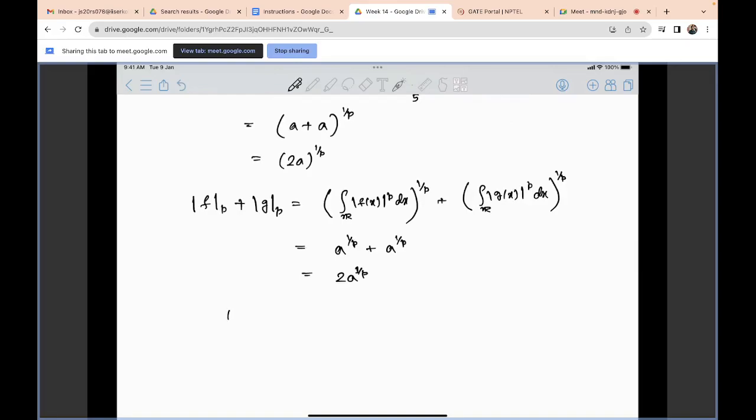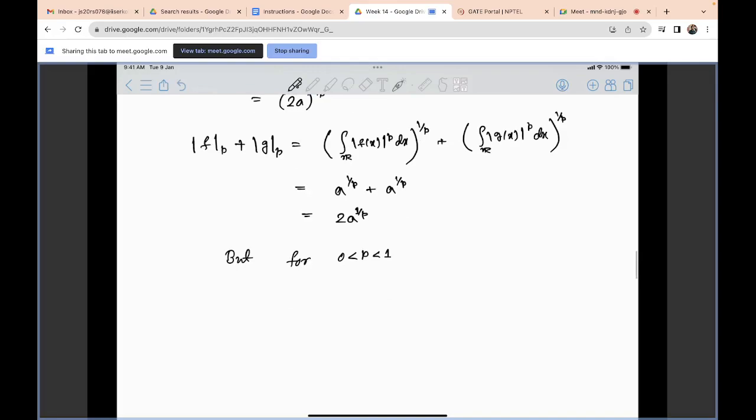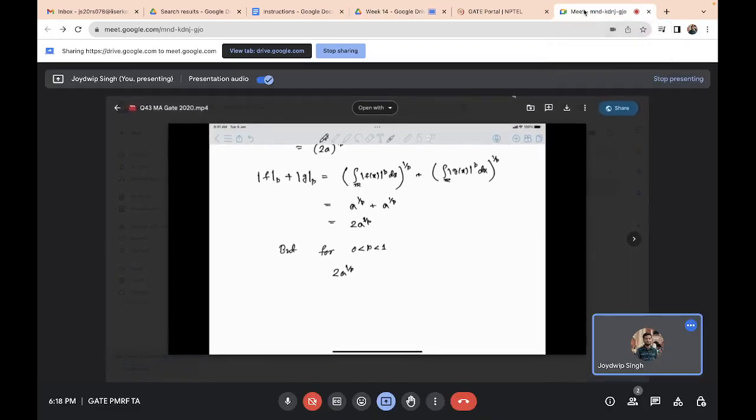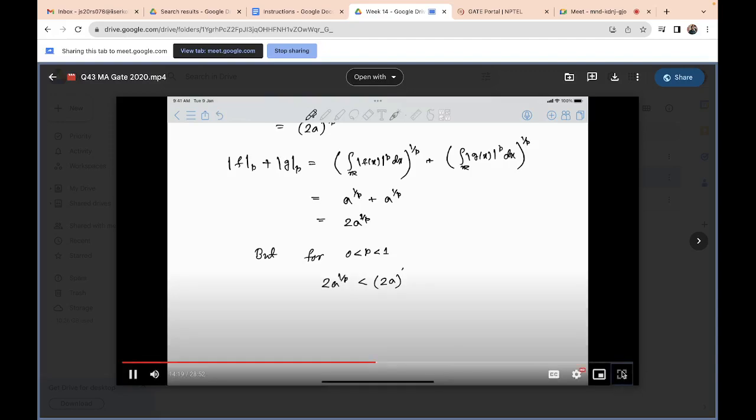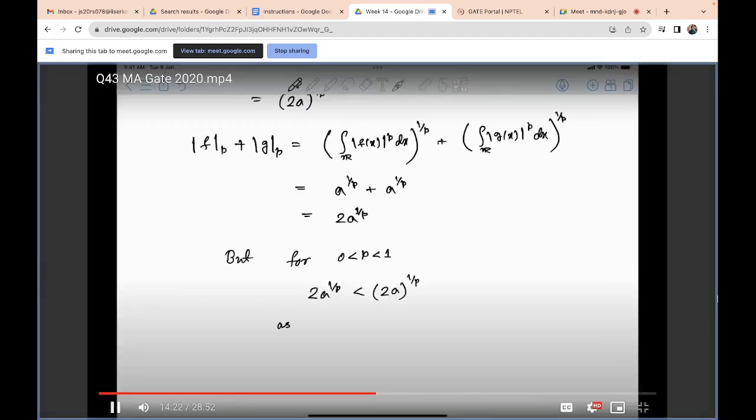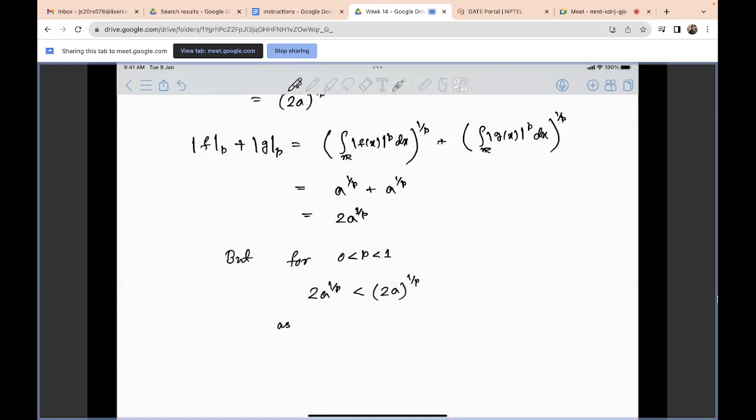But note that for 0 less than p strictly less than 1, 2A^(1/p) is strictly less than (2A)^(1/p). Taking the whole power of p, 2^p A is less than 2A, right?